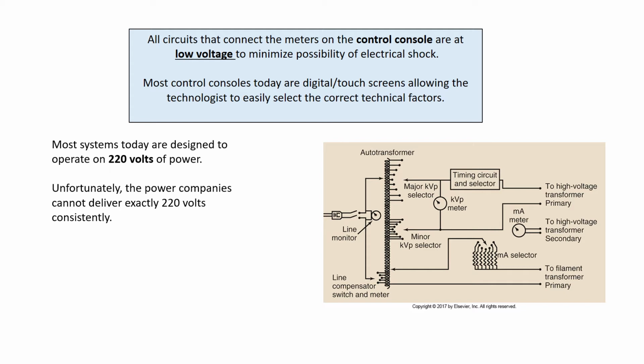The step-up transformer has a fixed number of coils. That's important to remember. So in order to vary the amount of electricity coming into the step-up transformer, we have to somehow manipulate that voltage of 220 up or down before it gets fed into the step-up transformer.